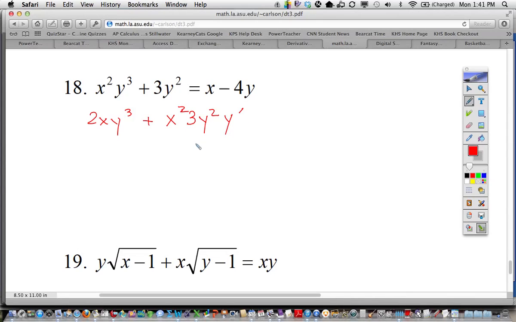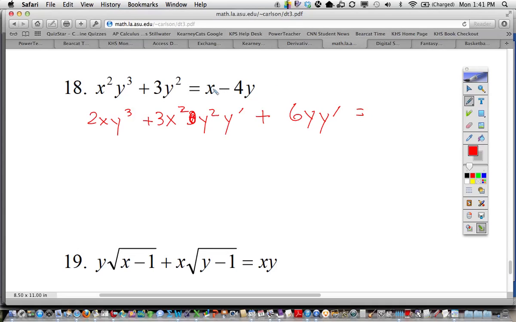Do not leave that 3 in the middle of that. Like when if you have 3ab, you don't write it a3b, right? We put the 3 out in front. So when you're done, or right here, whatever, get that 3 in front of that term where it belongs. Plus 6y, y prime, right? The normal derivative of 3y squared would be 6y with a y prime.